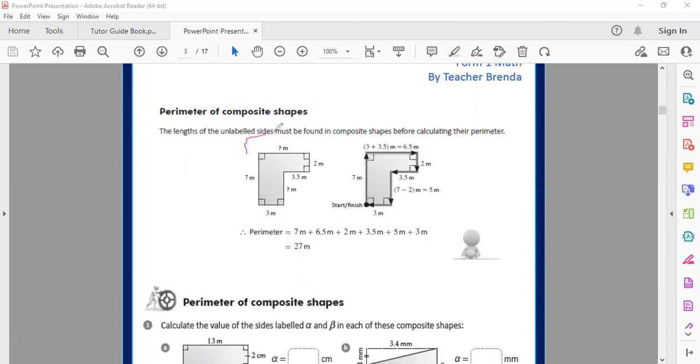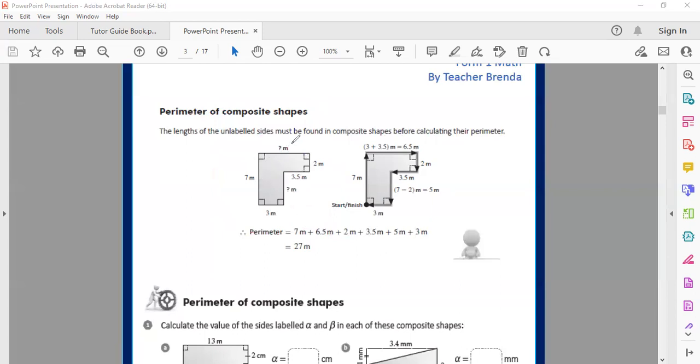Very simple. You got a picture like this. There are some sides that you don't know, like this. So your job first is to find it. Find out how much is the value here, how much is the value here. Once you know the values, then you can find the perimeter easily.